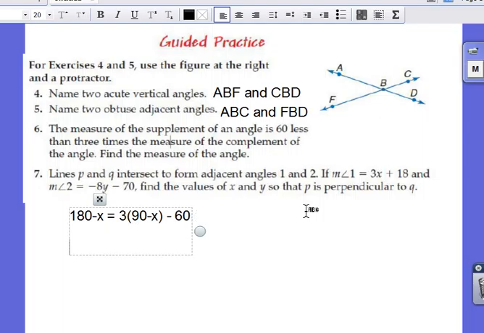Alright, so we'll leave the left side the same. And then here, we'll distribute the 3. So 3 times that is 180 minus 3x minus 60. Right off the bat, for some of you mathematically inclined, you know the 180s will cancel. The reason is because if we subtract 180 from both sides, they're going to just cancel each other out.